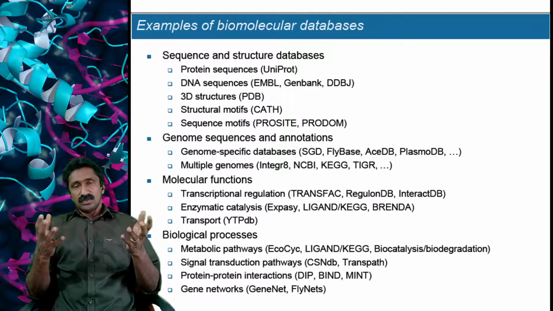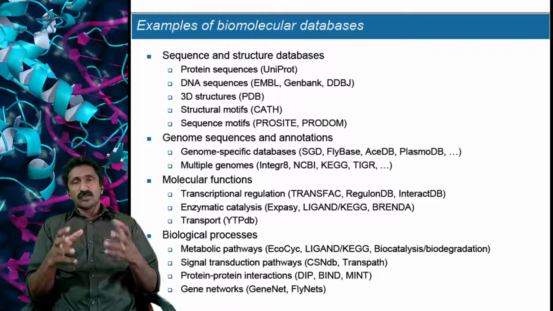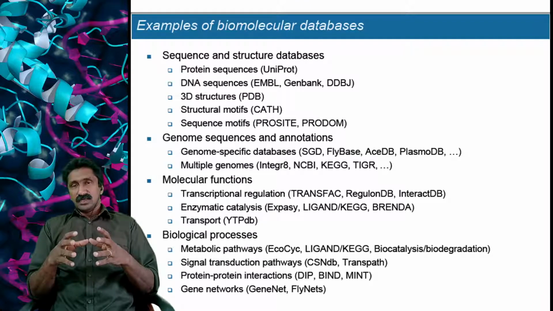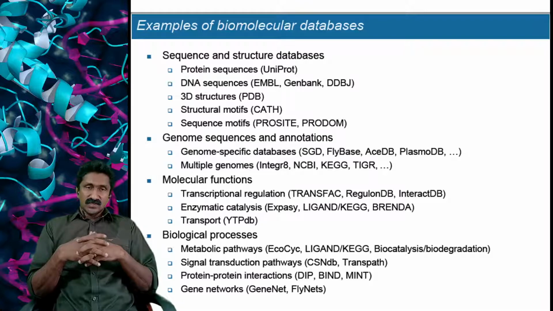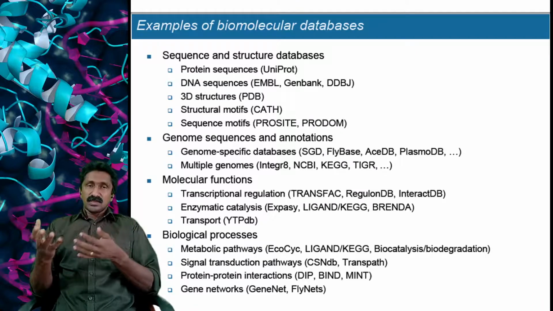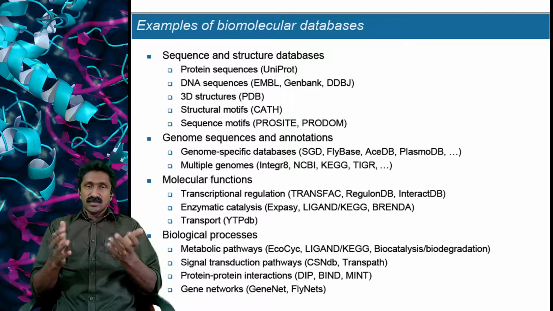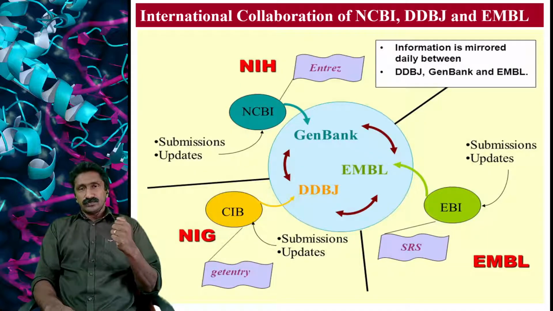So these are some of the categories. It's not complete, but it's only a few of the most popular categories. We have thousands of such specialized databases available nowadays, which store DNA sequence information, structural information, molecular functions, protein sequence motifs, and even biological process related information, etc.